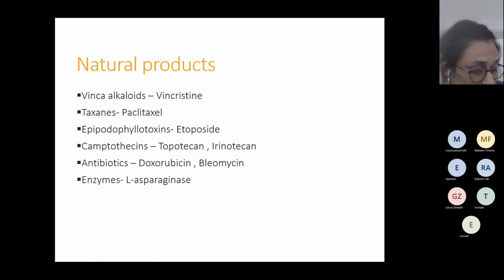Natural products. So apart from the alkylating agents and antimetabolites, now we have the natural products. These natural products are the ones which we get either from a plant or from some antibiotic or enzymes.